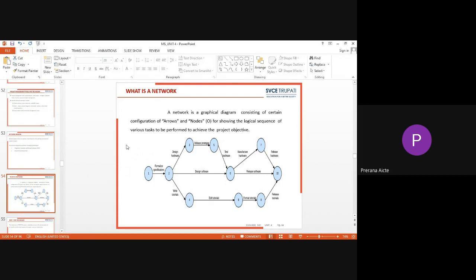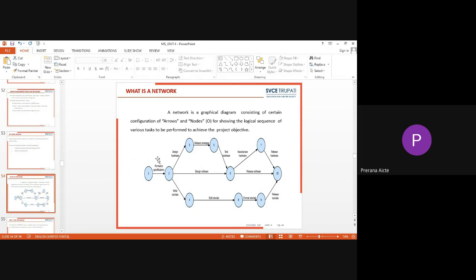In simple terms, a network is a graphical representation involving arrows and nodes which represent the activities and events, and clearly represent a proper sequence of the tasks involved in a particular project that are to be accomplished.